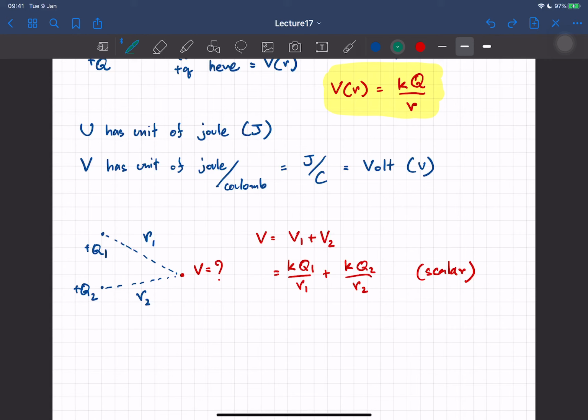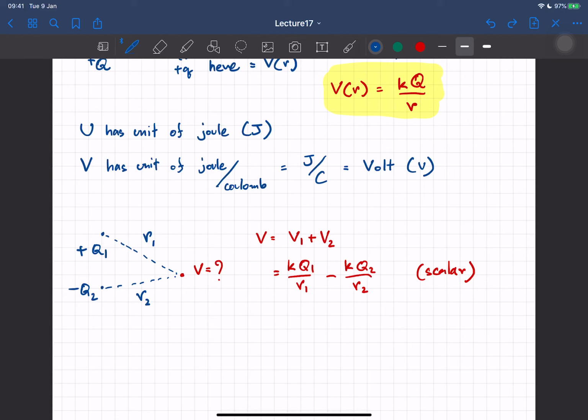And if one of the charges is negative, let's say this is negative Q2, well, you just put in negative for that potential, and that's it. That's the only thing that you do. So you can see how easy it is to calculate potential at any point. If you have multiple charges and you want to see the potential at a particular point, you just add them up like this.